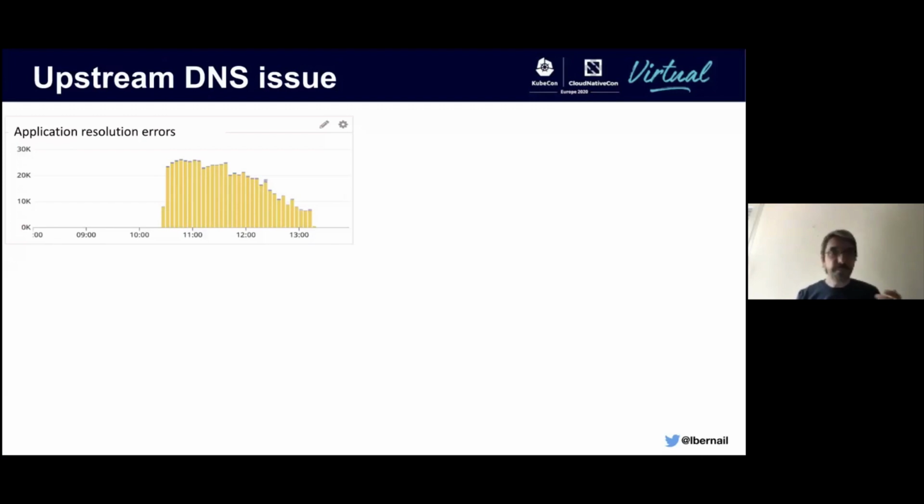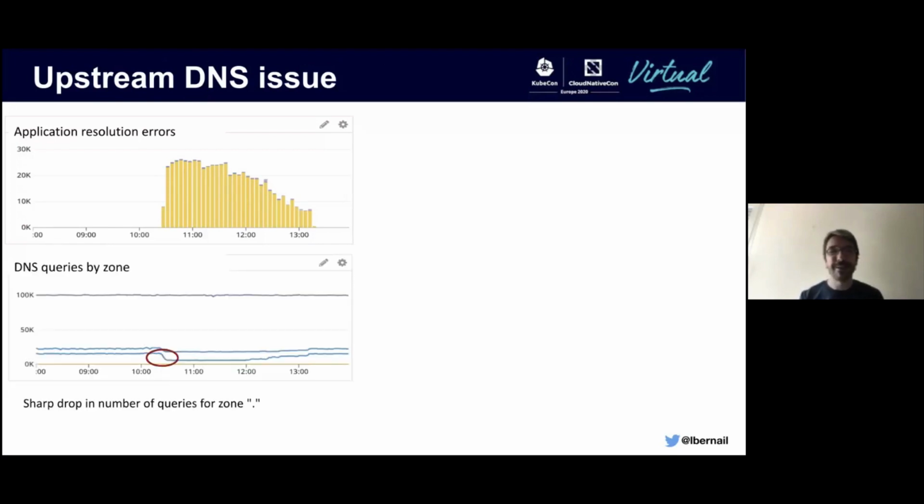So we had this issue where an application was seeing resolution errors. That was a typical problem, right? And when we looked at this, we saw that it was only happening for a single zone, which is the default zone, the zone sending traffic to the upstream provider, which was the cloud resolver in that case.